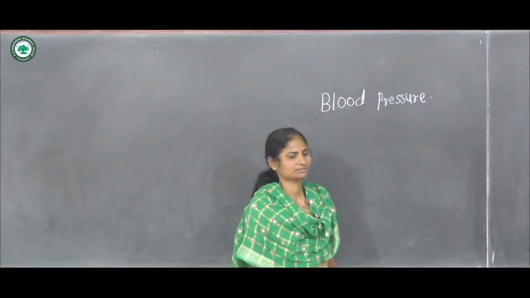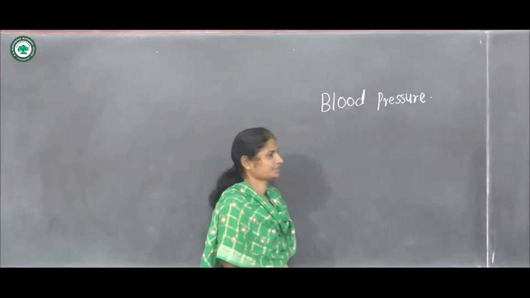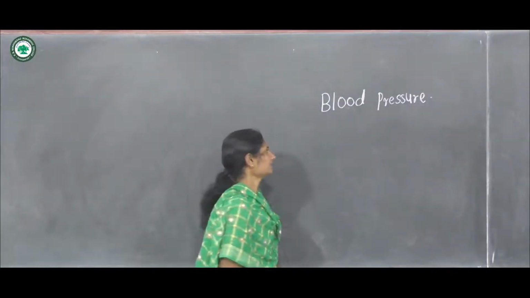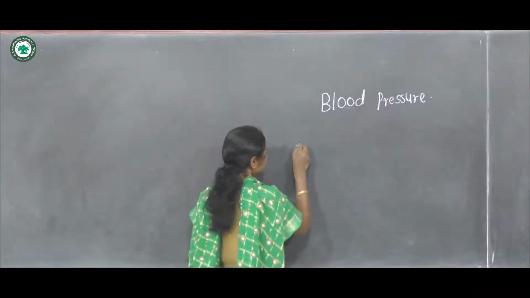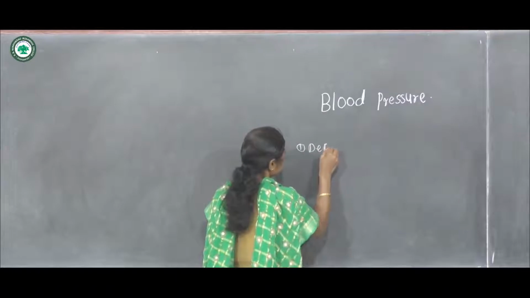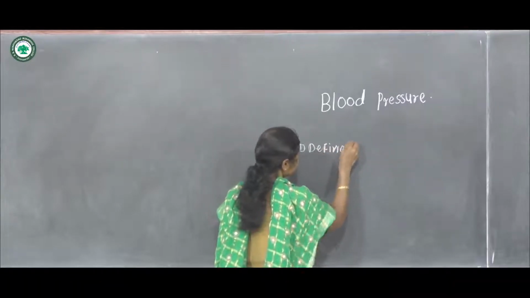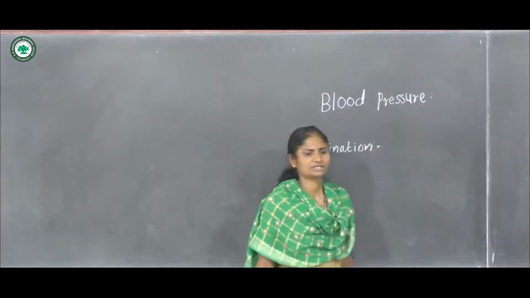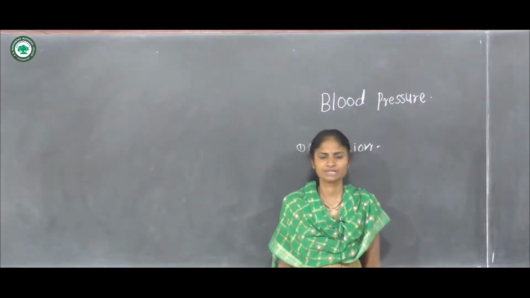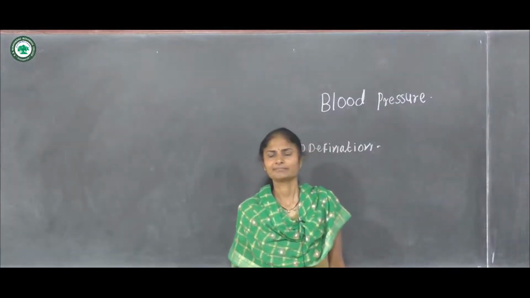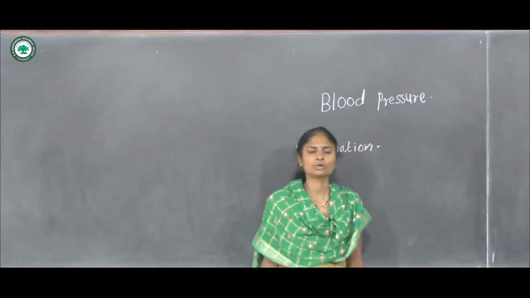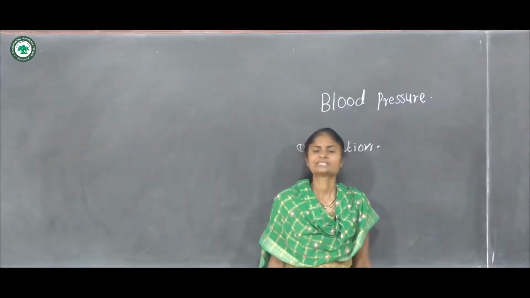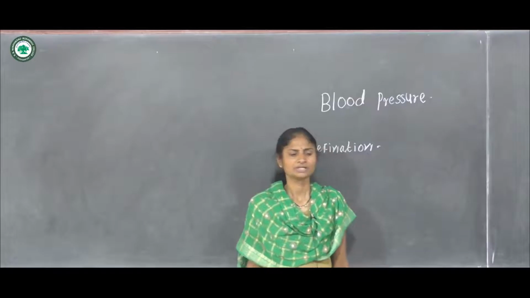Blood pressure. Definition of blood pressure. First definition: the hydrostatic pressure exerted by blood on the wall of a blood vessel is called blood pressure.